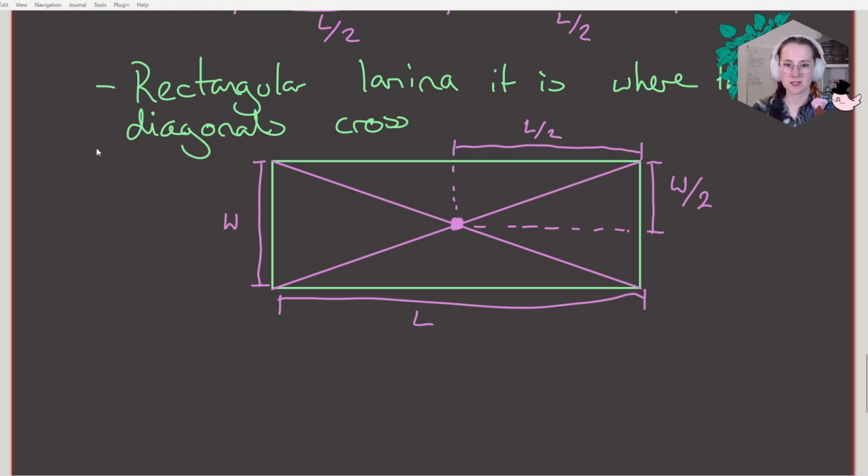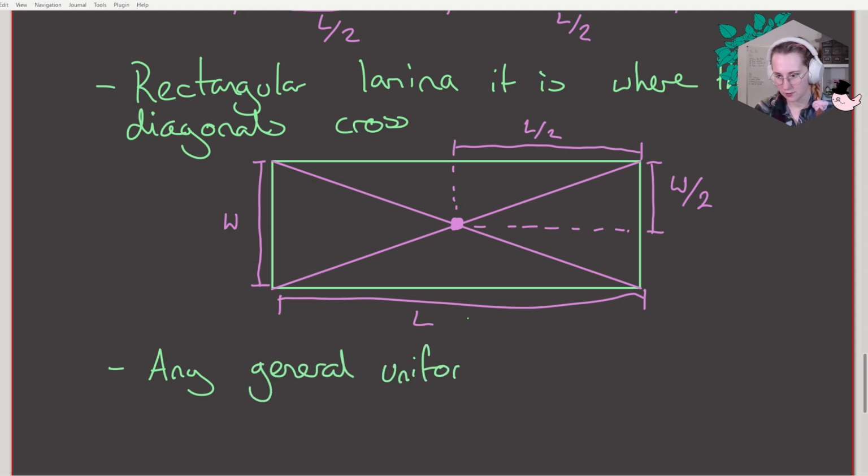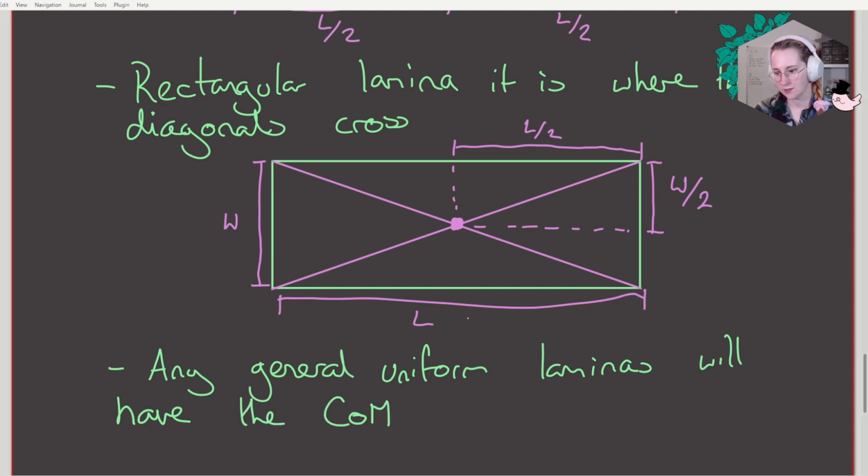And there's a sort of more general rule that we really won't be looking at, but it's just good to know. Any general uniform laminas will have center of mass lying along lines of symmetry.